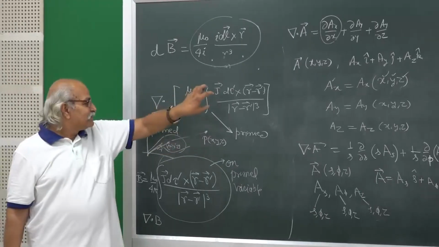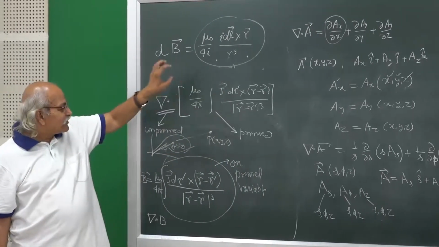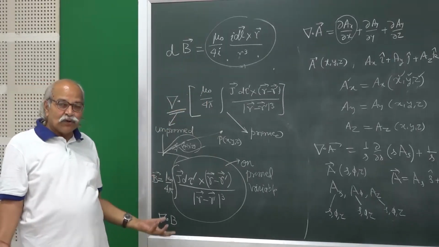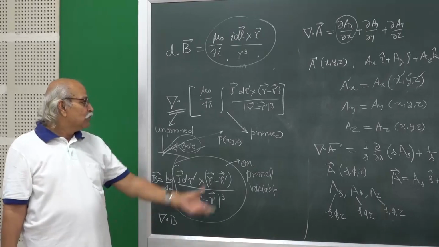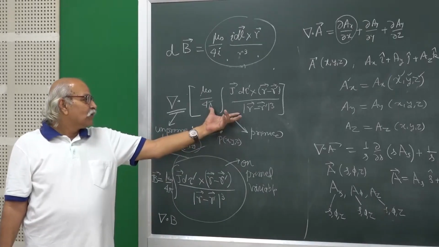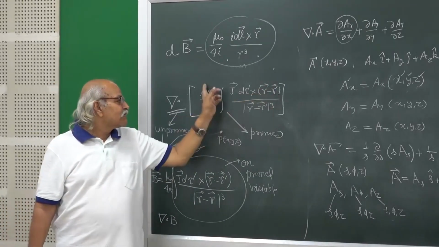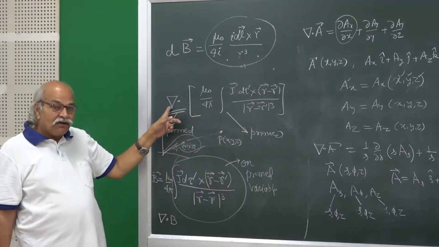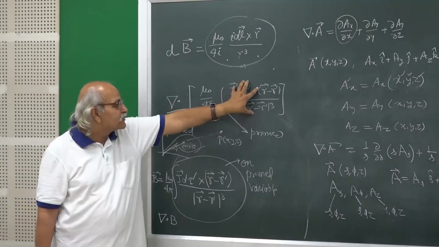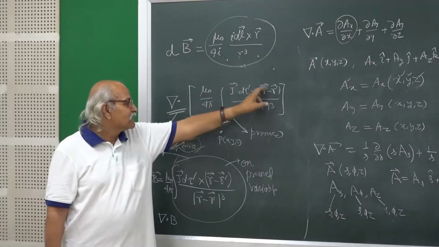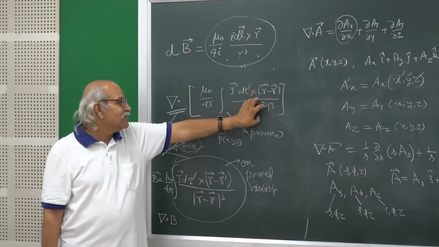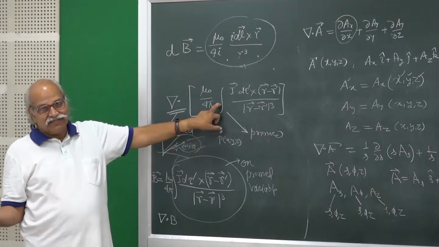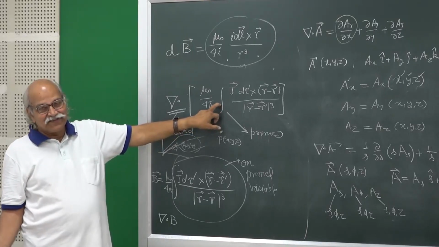So you have primed quantity and unprimed quantity, and since they are independent of each other, ordering is not important. You integrate on r prime, get a function of r and then differentiate, or you first differentiate with respect to this unprimed r quantity, and then after that differentiation you integrate. That is also possible.